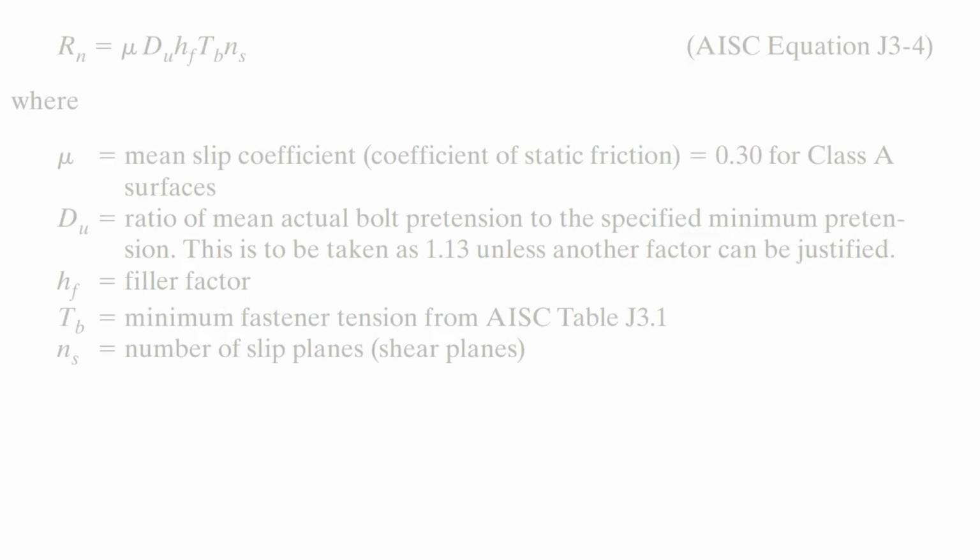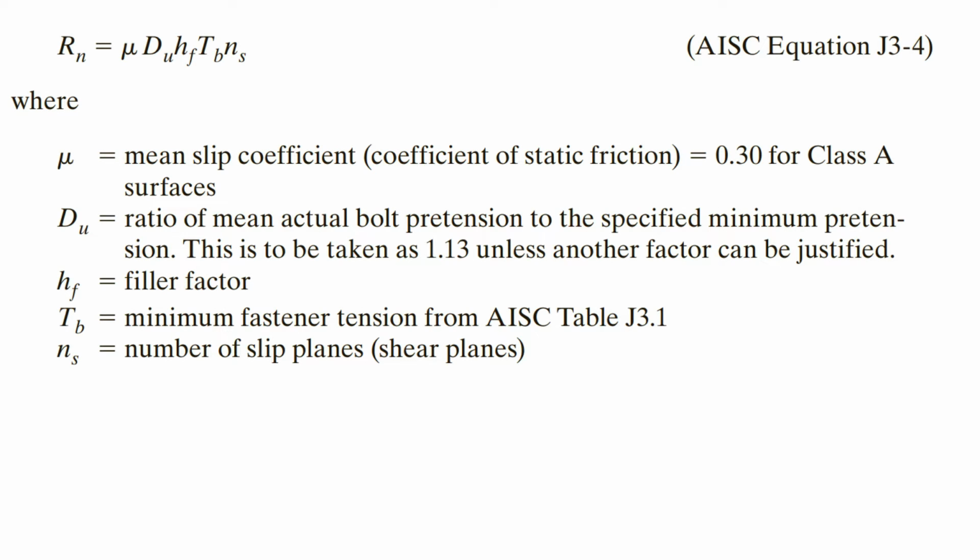As discussed earlier, the resistance to slip will be a function of the coefficient of static friction and the normal force between the connected parts. The slip resistance is equal to the slip coefficient mu multiplied by the ratio of mean actual pretension to specified minimum pretension, multiplied by the filler factor, times the minimum bolt tension obtained from Table J3.1 in the AISC specifications, multiplied by the number of shear planes.